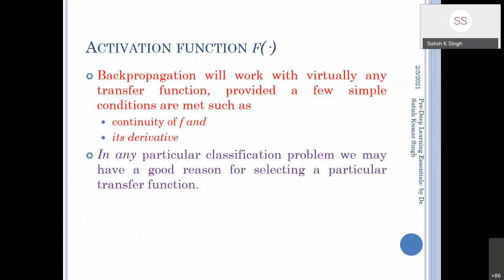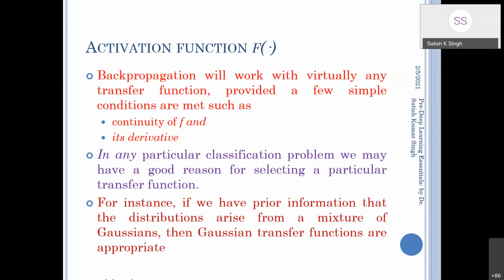In any particular classification problem, we may have a good reason for selecting a particular transfer function. That may differ from problem to problem. For instance, if we have prior information that the distribution arises from a mixture of Gaussians, then Gaussian transfer functions are appropriate.